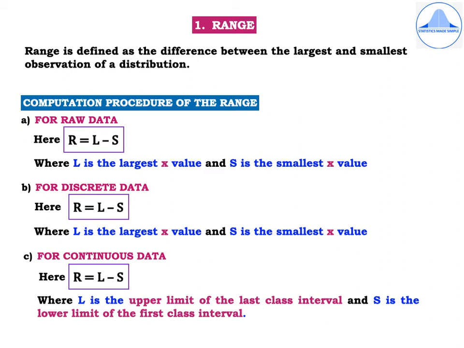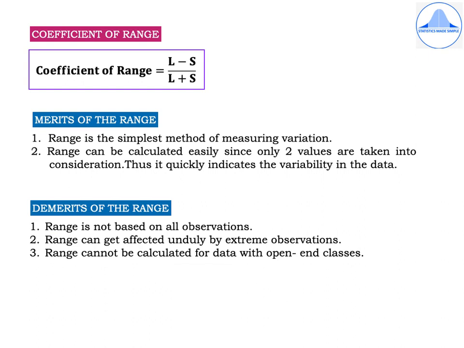Subdivision C, for continuous data, here R is equal to L minus S, where L is the upper limit of the last class interval and S is the lower limit of the first class interval. The coefficient of range is equal to L minus S divided by L plus S.